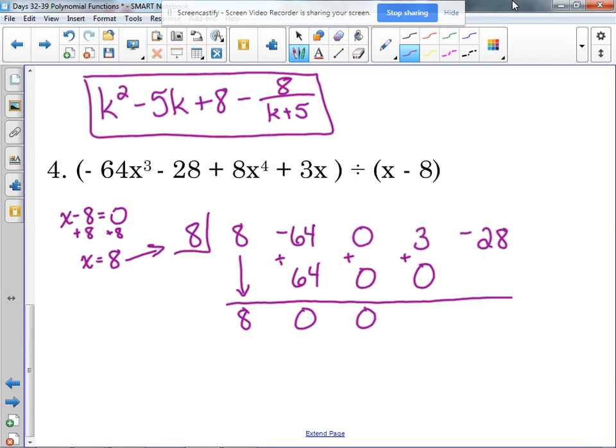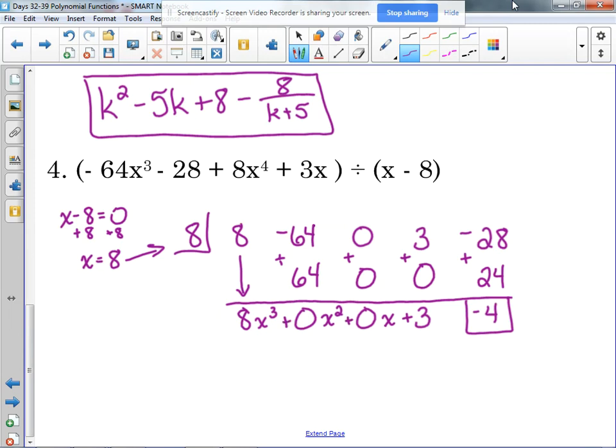Not a 0 anymore. 3 plus 0 is 3. 3 times 8 is 24. When we add those, we get negative 4. Negative 4 is our remainder. Our degree was x to the 4th, so we start with x cubed, x squared, x. 3 is a constant.